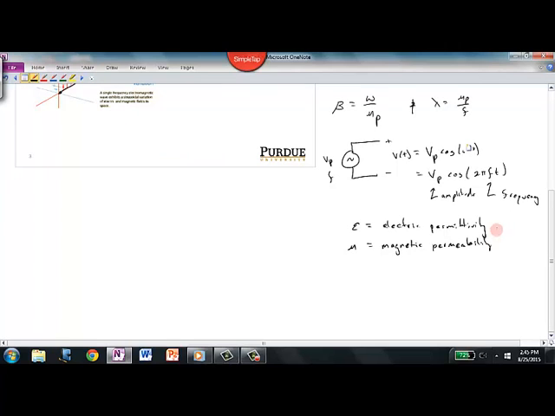Electric permittivity is measured in farads per meter, and magnetic permeability is measured in henries per meter. And the speed at which an electromagnetic wave is going to propagate through a material is then calculated using these two quantities, and it's given by this formula. Propagation velocity is equal to the square root of the electric permittivity times the magnetic permeability, all taken to an inverse there.